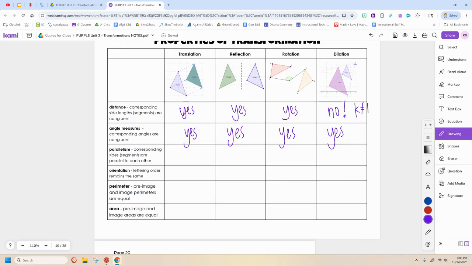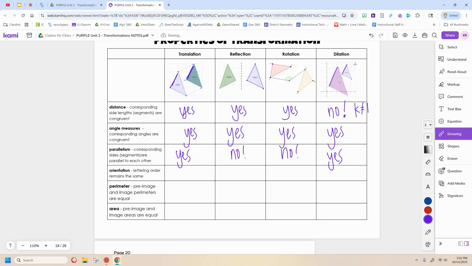So parallelism is corresponding sides are parallel. So it's yes for translation, and it's yes for dilation. It is not a guarantee that it would be true for reflection or rotation.